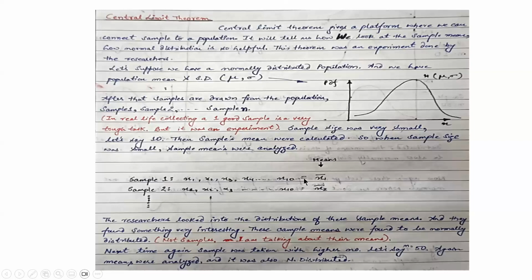Now the researchers took the mean of this sample 1. After that, they took another sample from the same population, sample 2, with x1, x2, x3 till x10, and took its mean. In the same way, they took a number of samples. Finally, when they checked the distribution of the means of the samples, it was normally distributed, even though the sample size was very small, that is 10.